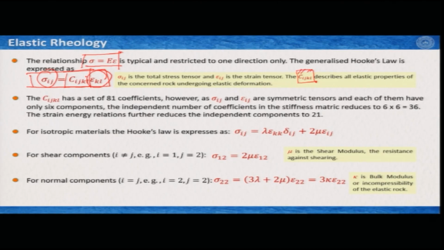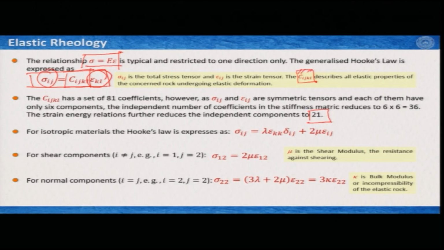But we know that sigma ij and epsilon ij are symmetric tensors, and each of them can only have 6 components. So, therefore, these 81 coefficients of C ijkl reduce to 36. You can further reduce it by using some strain energy relations, then it comes to only 21 independent coefficients.